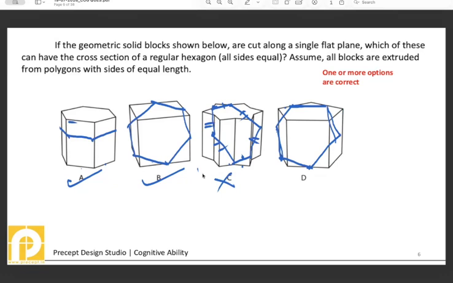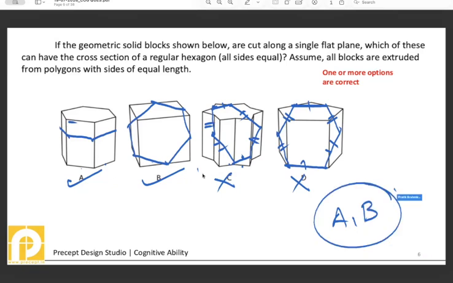Sorry, one second, I'll just correct it. I connect it along this side. Okay, but this is again not a regular hexagon. In this case, these two sides are equal, but all four other sides are different. So D is also not possible. Correct answer is A and B.